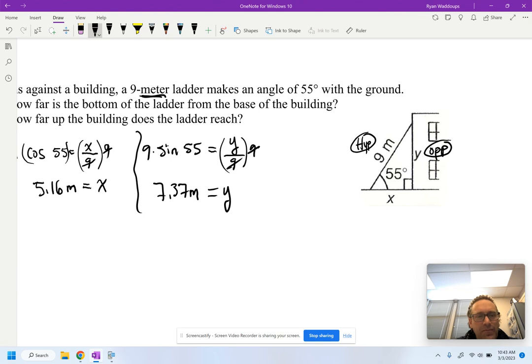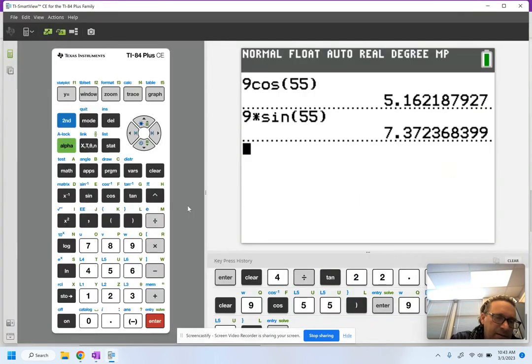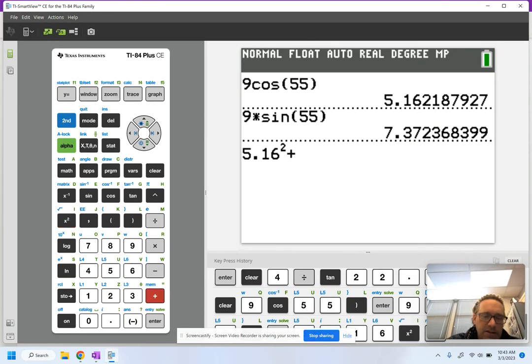Now, if I wanted to double check, remember that this is a right triangle. So the sum of the squares of the lengths of the legs should be equal to the square of the hypotenuse, or a squared plus b squared equals c squared. So I can say here 5.16 squared plus 7.37 squared is equal to 80.9. It's not going to be exact because we rounded.